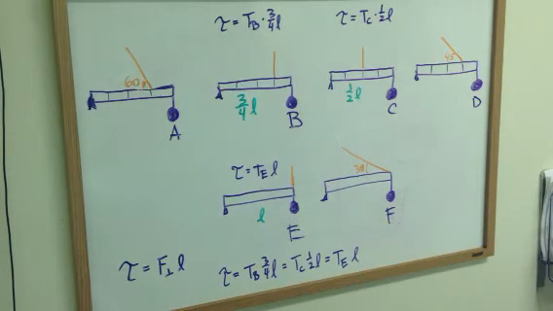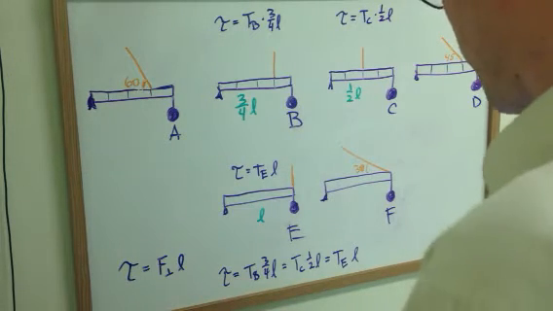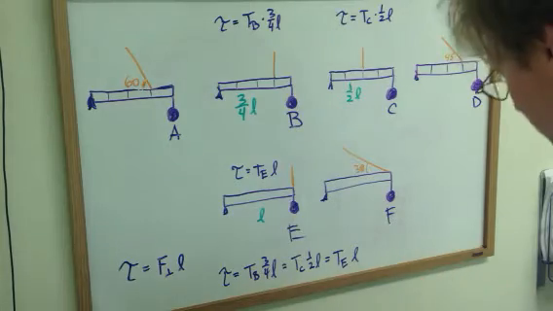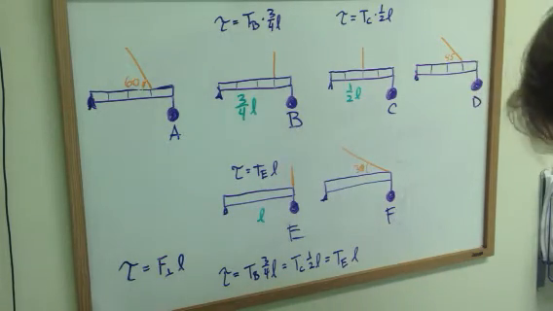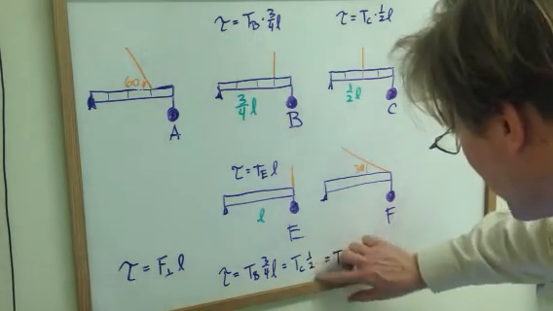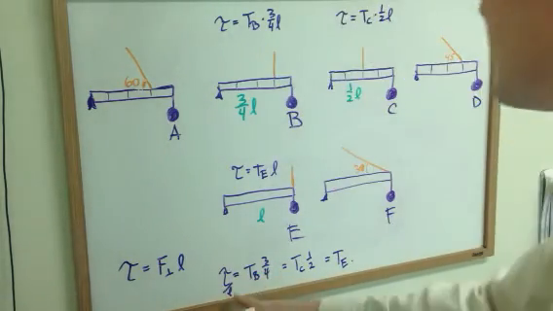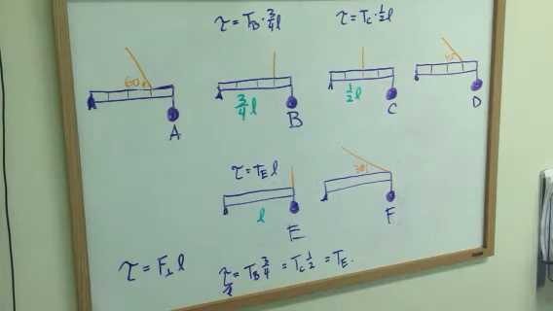If all of those are equal to some torque, I can divide all of these terms by L, and the L just ends up over here. It's just a constant. It's the same as that constant torque.